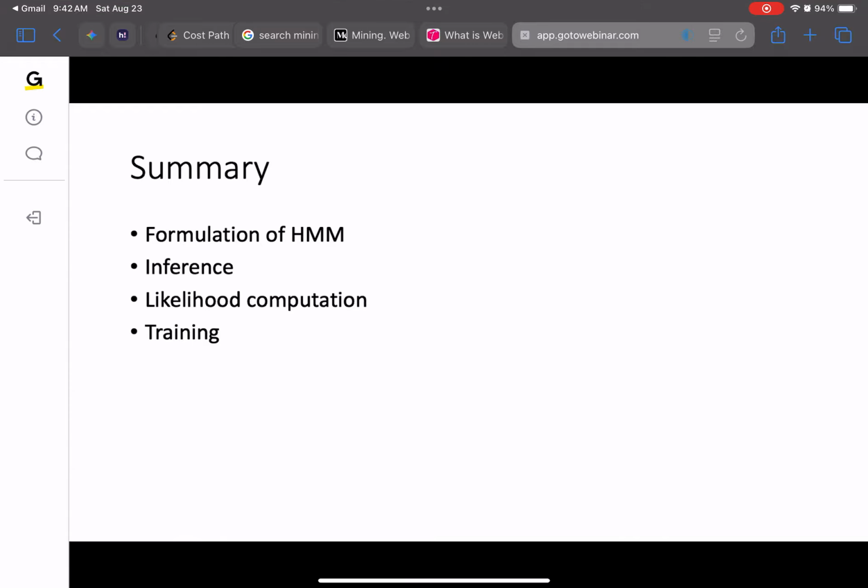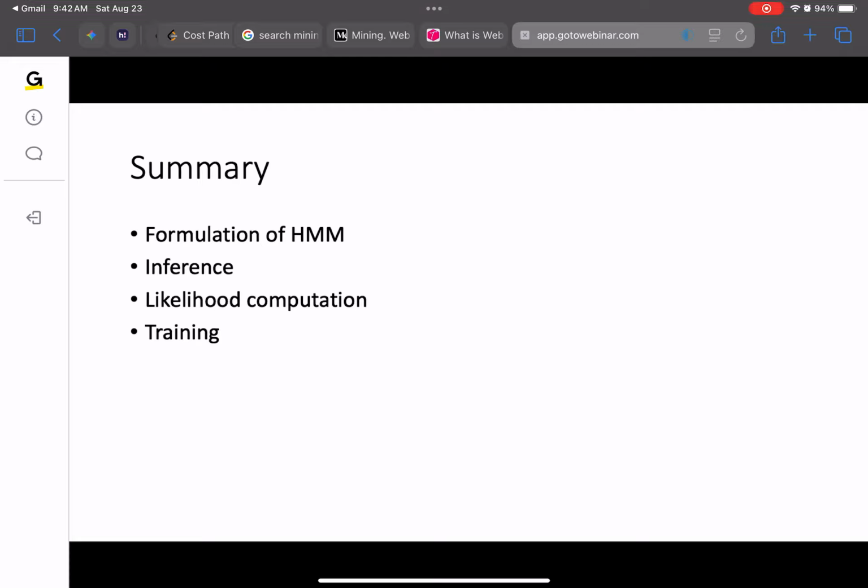We also discussed the forward algorithm to compute the likelihood of the data using forward and backward probabilities. And finally, we discussed two approaches to estimate the parameters depending upon the availability of labeled data, supervised and semi-supervised approaches.